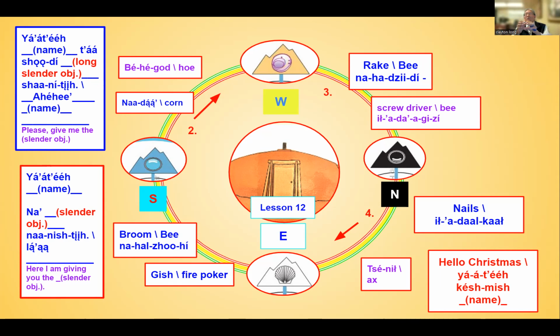Anyway, so he's going no. Max is going no. And then he's going to name the thing that he's giving to me. Na ben hatzite. Na nishti. He still uses the word ti, but it's changed to let me give you this long, slender thing. Na nishti.